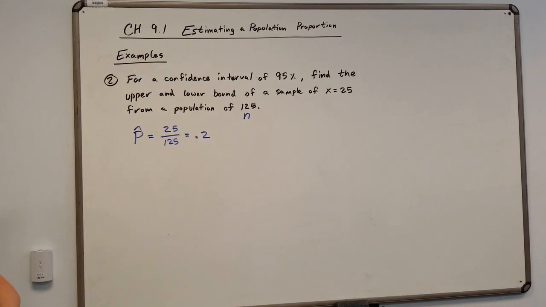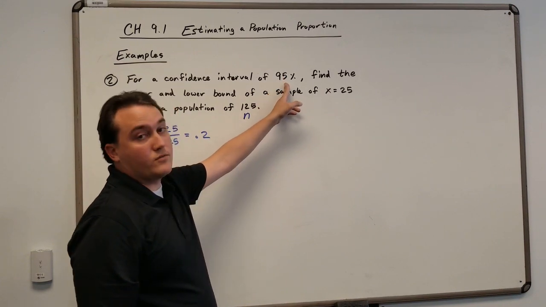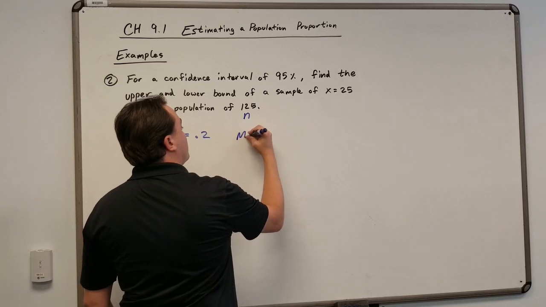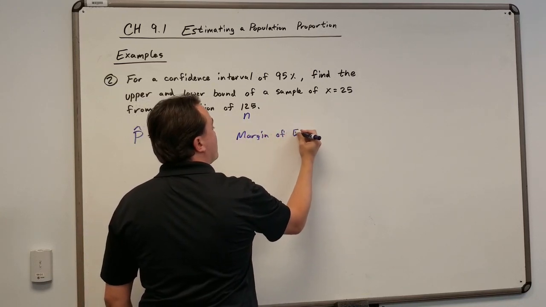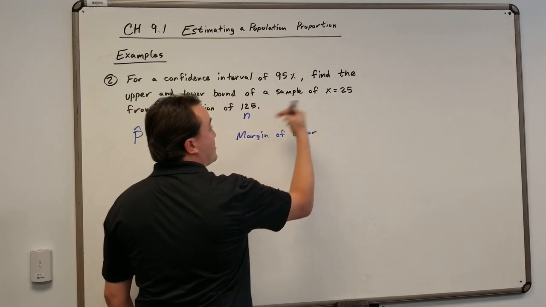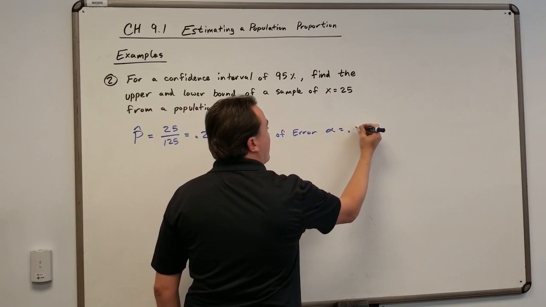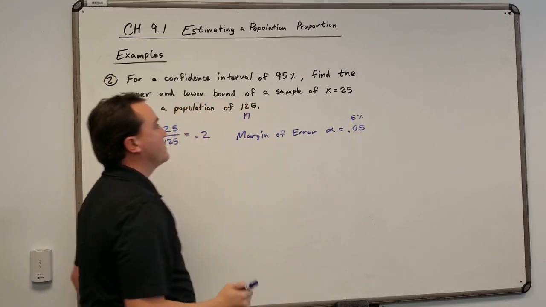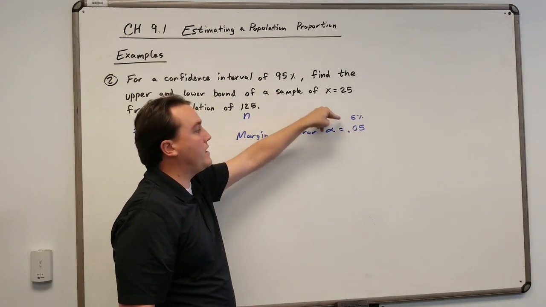Okay, so that's kind of a dead giveaway. Then we have our confidence interval 95%, which means our margin of error is the remaining. Okay, so alpha is 0.05 or 5%. Right? Because if we want a confidence of 95%, then we're going to have an error of 5%.